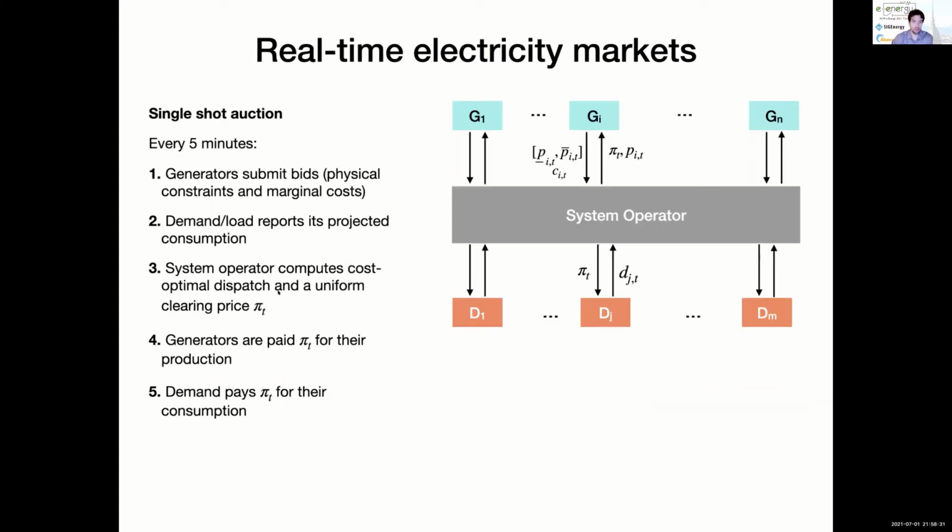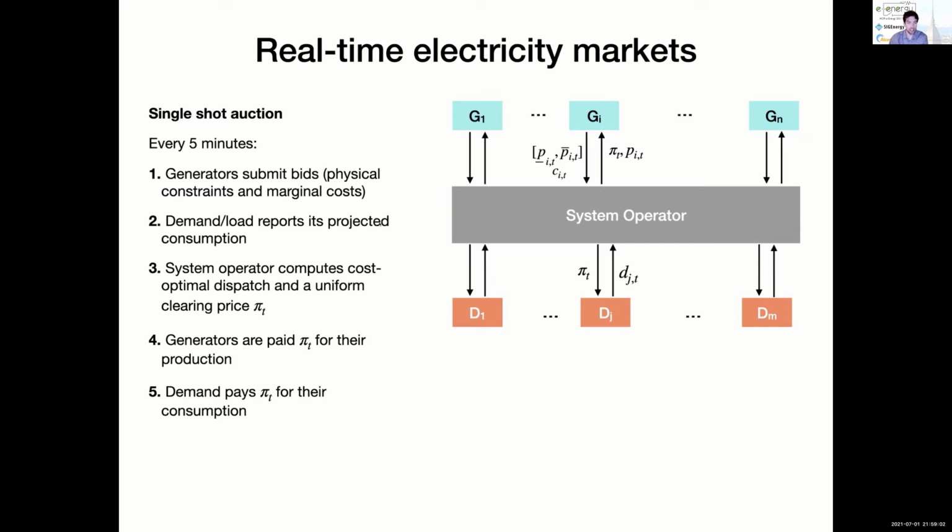So with those principles in mind, here's a sketch of how real-time electricity markets work at a high level. It's what I'm calling a single-shot auction. Every 5 minutes, generators submit their bids, which are the physical constraints and costs. That bid is represented by this collection of symbols here with the down arrow. Demand or load reports its projected consumption.